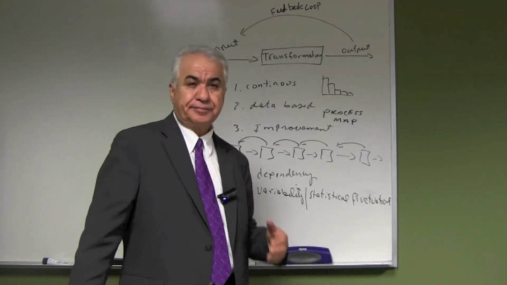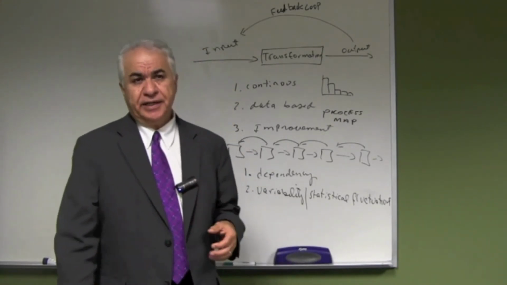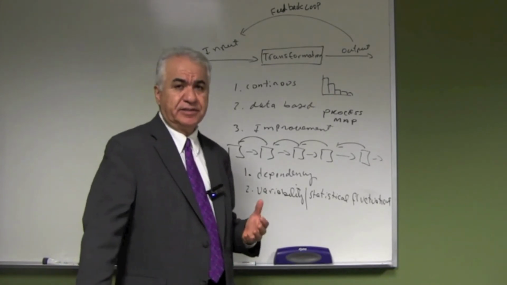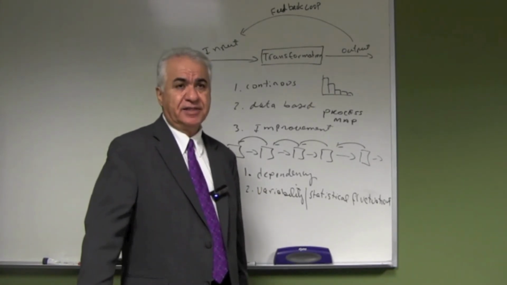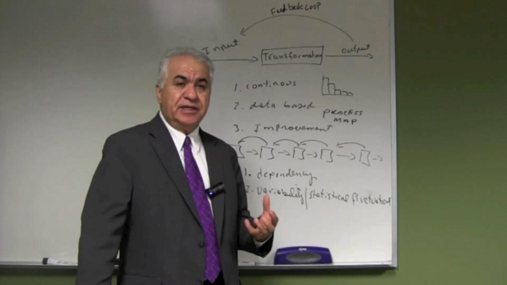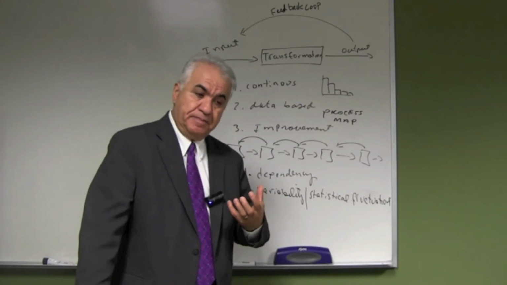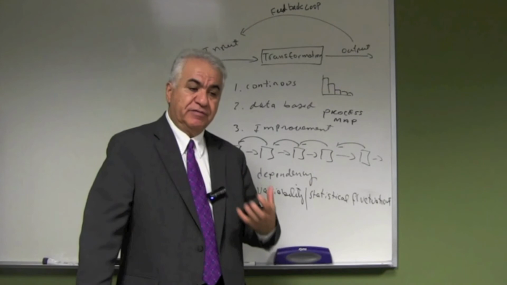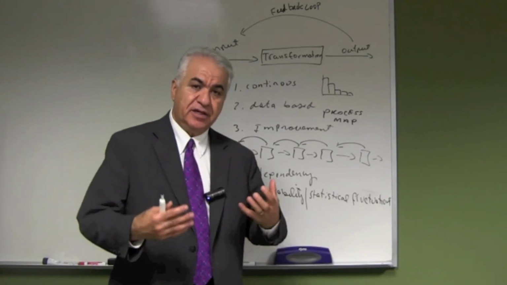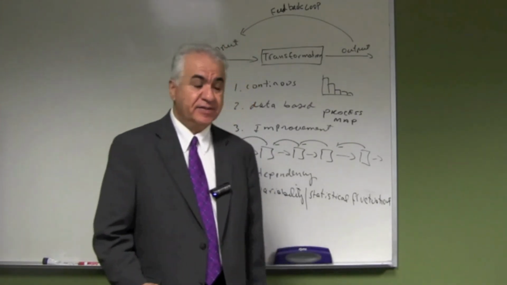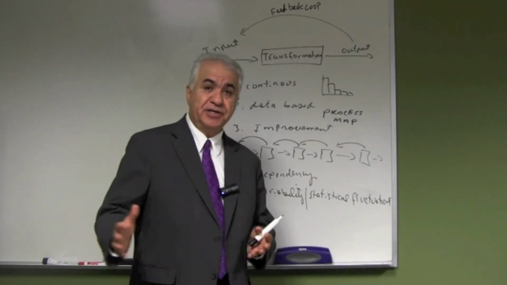So, in a general and simple way, this is a description of the process. And this notion of the process is what we build on as we progress in our class in operations management.